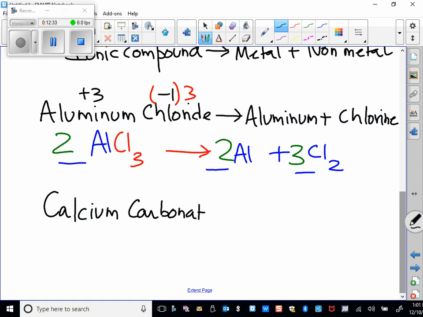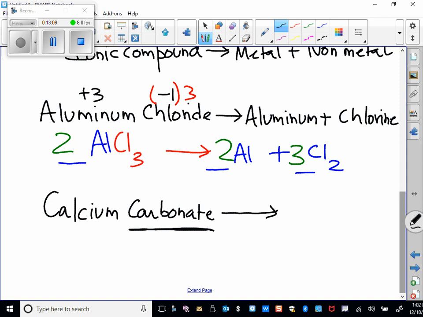What is the difference between heated and burned? You don't add oxygen when they say it is heated. When they say it's burned, you will add oxygen to the reactant side. When they say it's heated, you will not add oxygen. Now remember, anytime it's a carbonate, what could be one of the products that gets released?